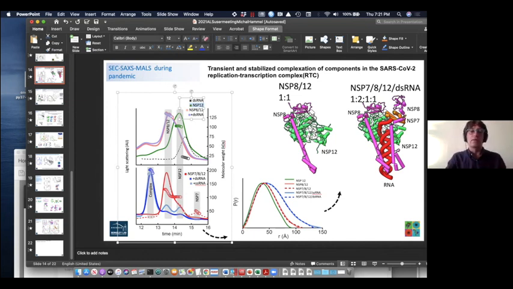You can separate small differences between NSP 12, 7, 8 versus NSP 12 and 8. So small details could be seen, depending on the column that you use as well. You need to adjust the column usage to the size that you have.